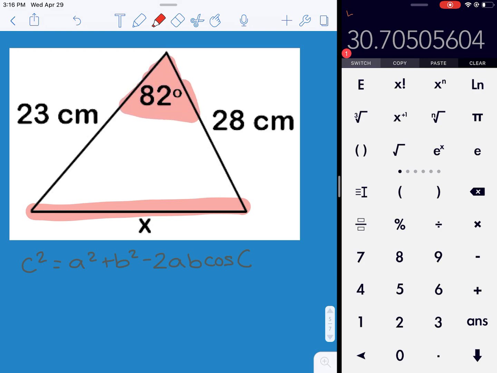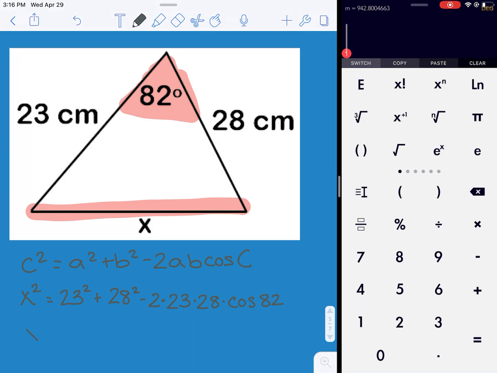Those are opposite each other, so they have to go in for C. So I get x squared equals, and it does not matter which one is A and which one is B, 23 squared plus 28 squared minus 2 times 23 times 28 times the cosine of 82 degrees.